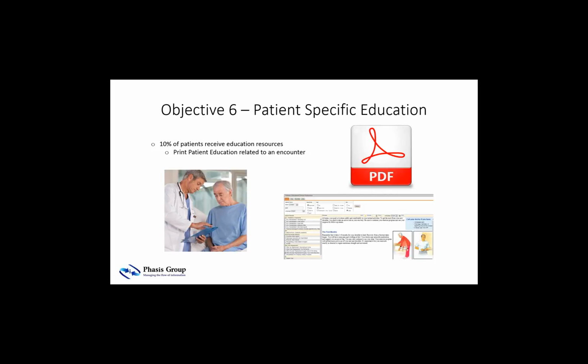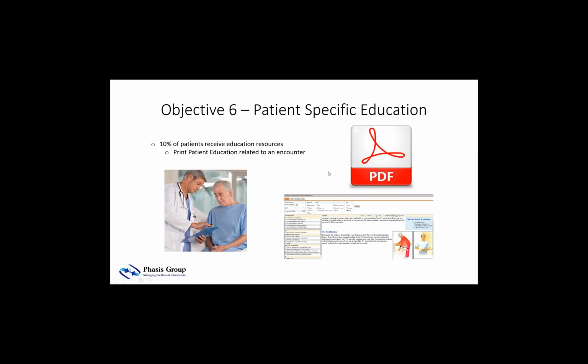Okay. Objective 6, patient-specific education. So on this one, this is not a new one. It's still in here because eventually this is going to be about moving patient education up to the patient portal. But for now, in order to meet the objective, 10% of your patient visits need to have patient education printed.